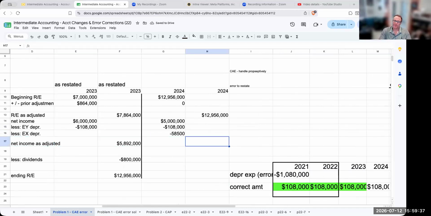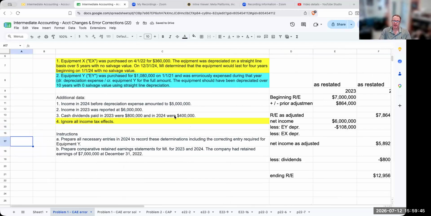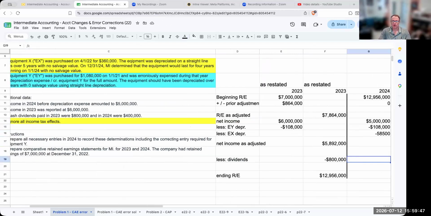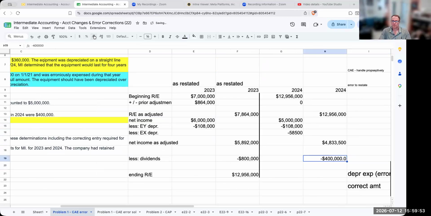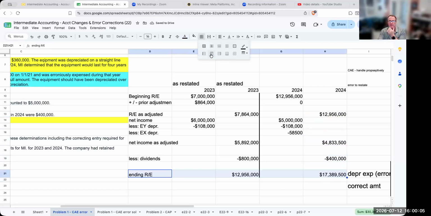So my net income as adjusted is going to be 4,833,500. Then my cash dividends in 2024 were 400,000. So my ending retained earnings is going to be my beginning retained earnings plus my net income less my dividends, giving me a total of 17,389,500.